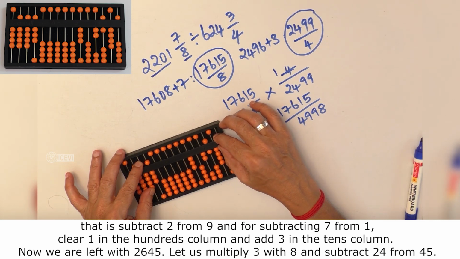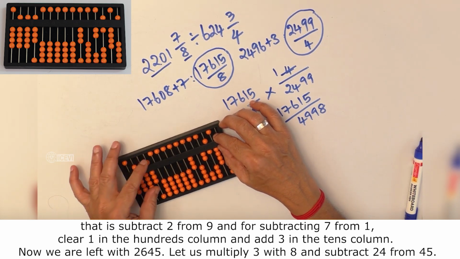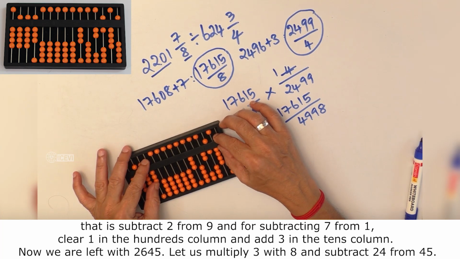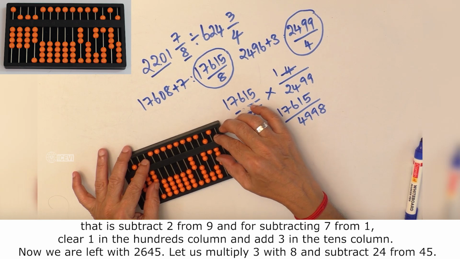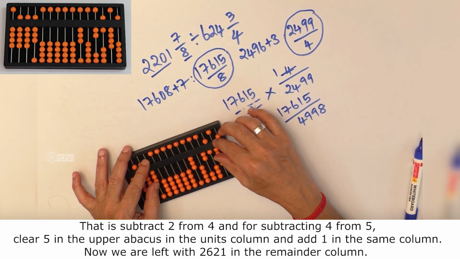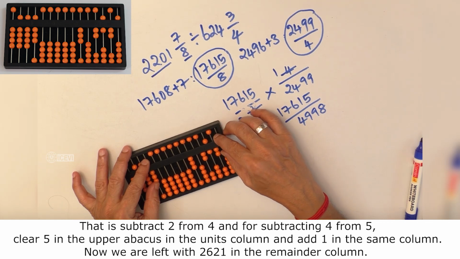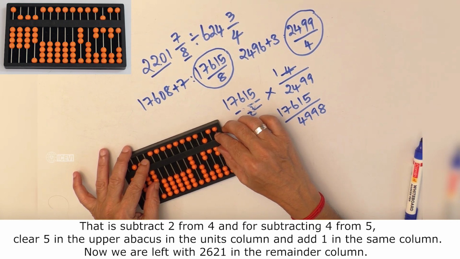Let us multiply 3 with 8, that is 24, and subtract 24 from 45, that is subtract 2 from 4, and for subtracting 4 from 5, clear 5 in the upper abacus in the units column and add 1 in the same column.